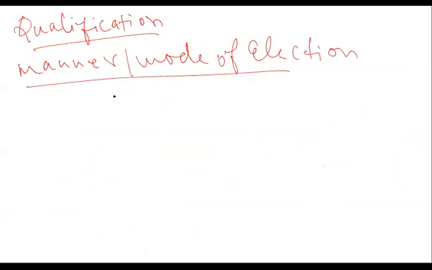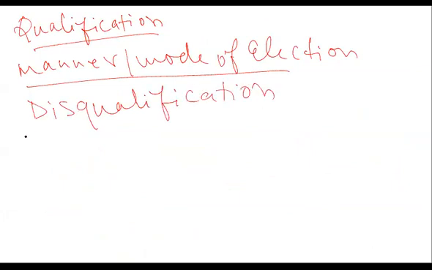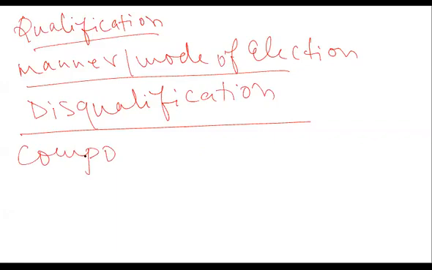And then we have to talk about disqualification. But before talking about disqualification, let me talk about a very short topic, and that is the composition of Rajya Sabha. We have left this point.